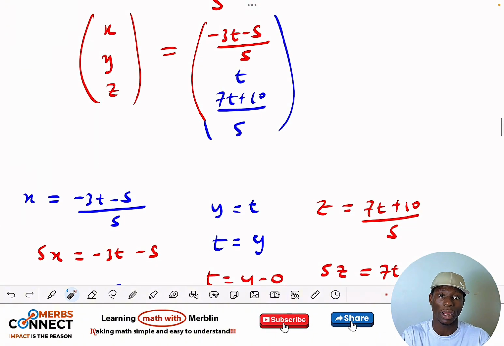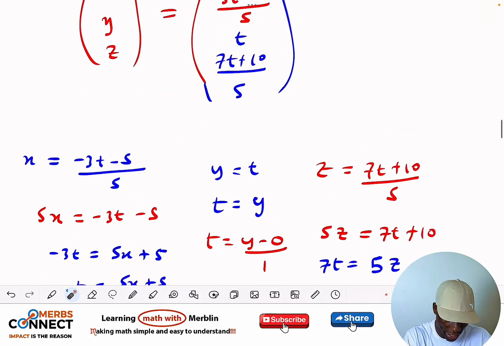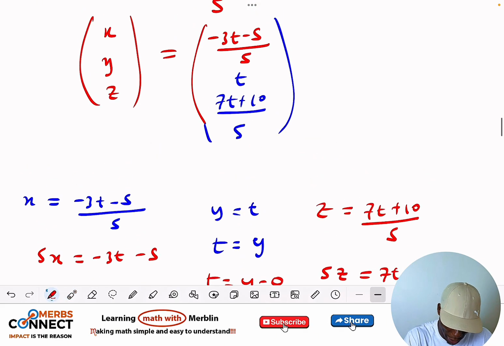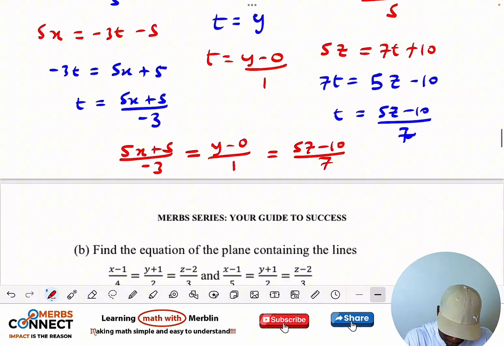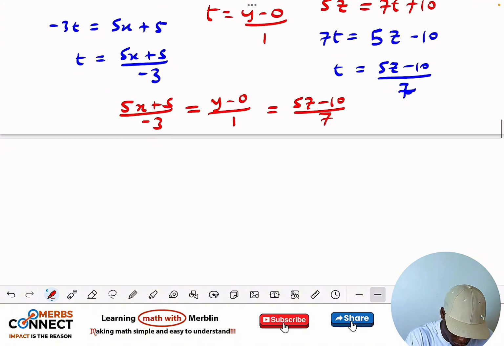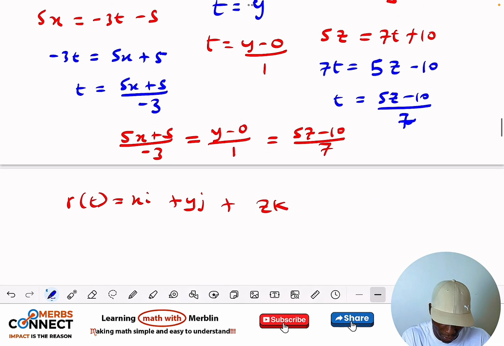And then if I want to write it in parametric form, I just have my x, y, z here, so I just add i, j, k to it. Then I'm done. Let me open another sheet to show you. So the parametric form is, let me say, r of t is equal to xi plus yj plus zk, right? And then just take it from there.